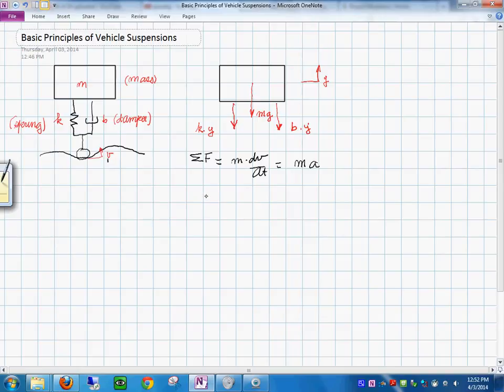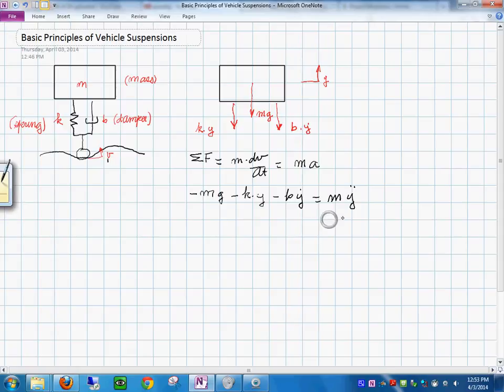So what do we do here? We have to say the value of the forces that we have, minus mg, which is down, minus k times y, minus v times y dot, has to be m times y double dot, like that. Okay?